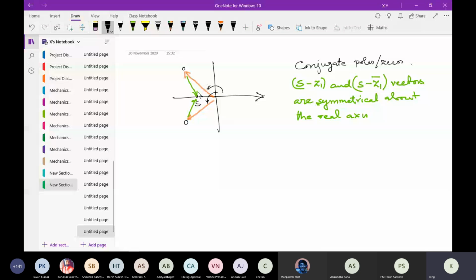So what are the angles? This is one angle, this is the other angle.